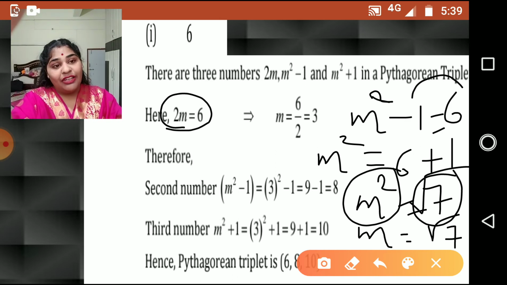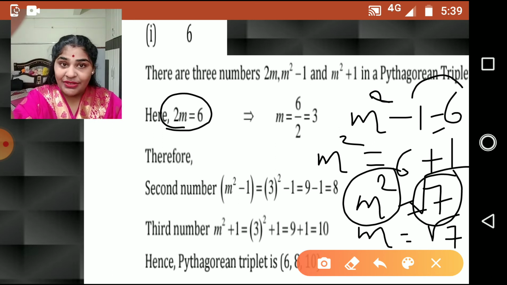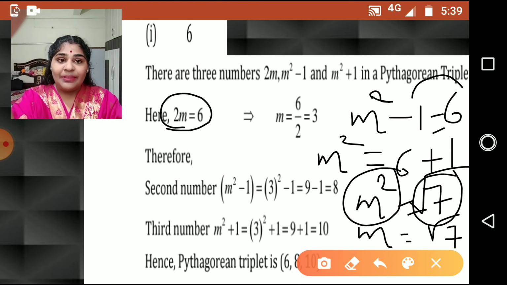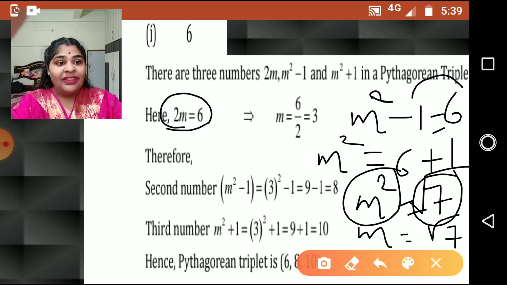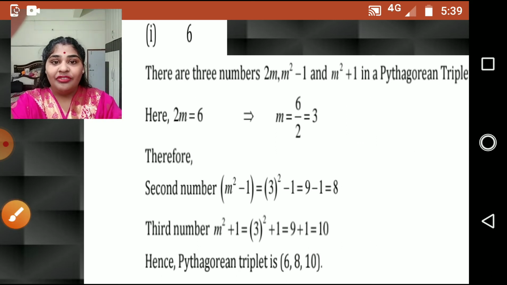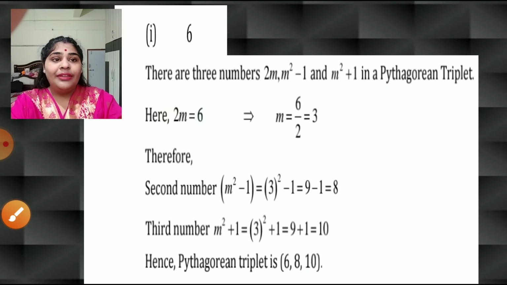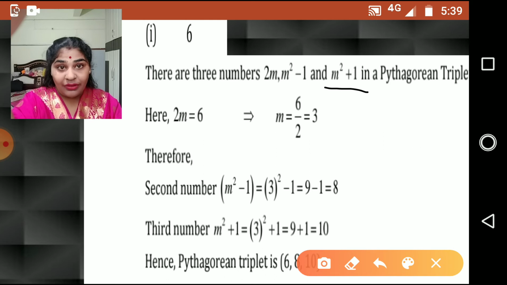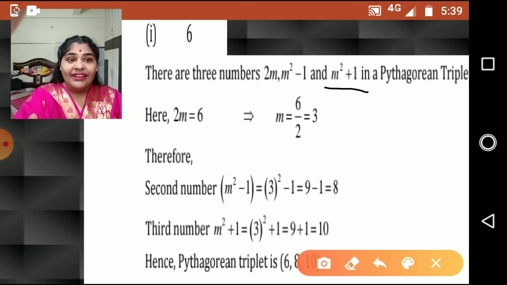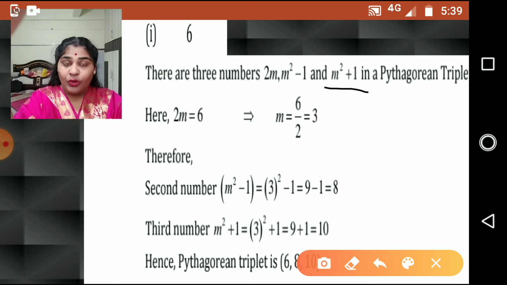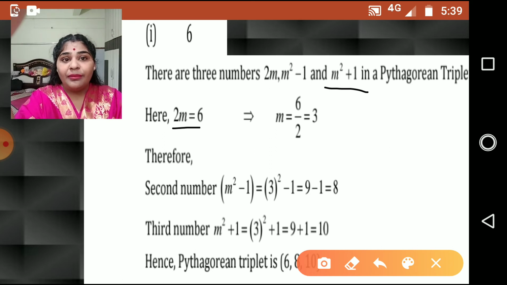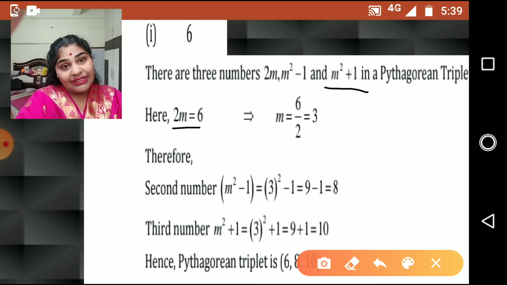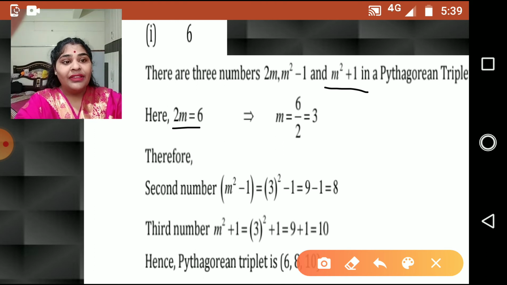So here the value of m cannot be under root 7. Hence we will substitute it in 2m is equal to 6. Similarly you can check for m square plus 1 also. So we always substitute 2m is equal to whichever number is given, out of the triplet, the one member.